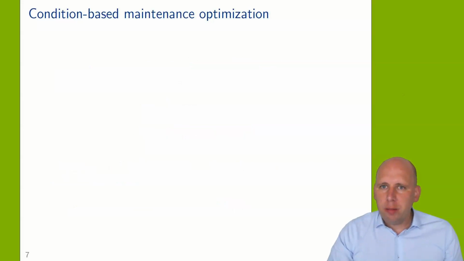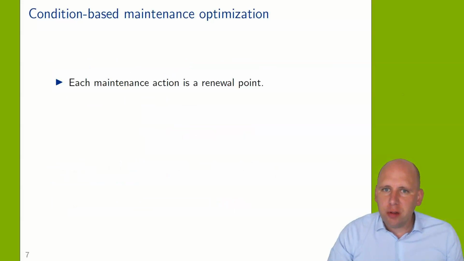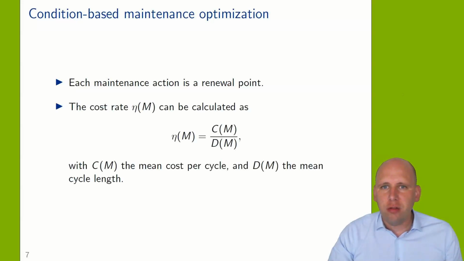Then for the evaluation of preventive maintenance, it's important to realize that each maintenance action is a renewal point. And we can therefore use renewal theory to calculate the long-run cost rate given a preventive maintenance threshold. That cost rate is then equal to the mean cost per cycle divided by the mean cycle length.